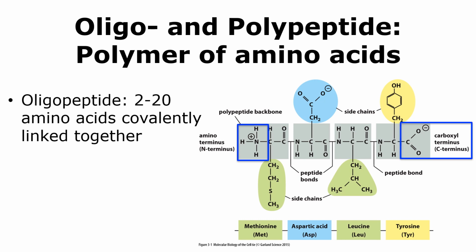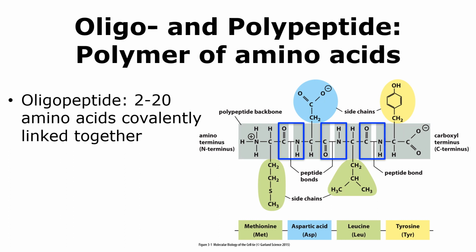When we look at the other end of the chain, we are able to see a free COOH or a COO minus group, which is the carboxylic acid terminus or the C terminus. Thus, in oligopeptides as well as in polypeptides, we observe an amino terminus end and a carboxyl terminus end.